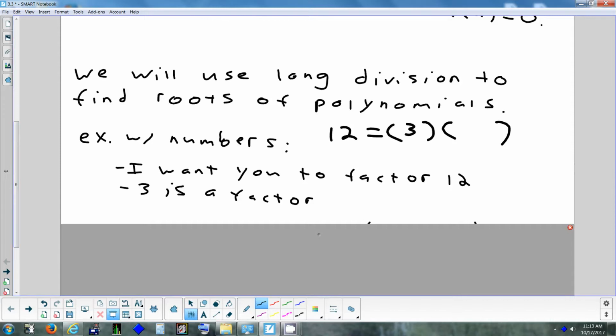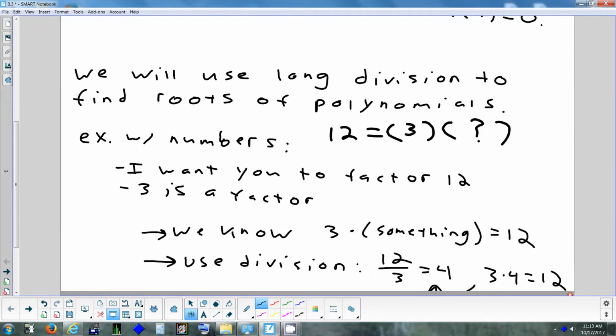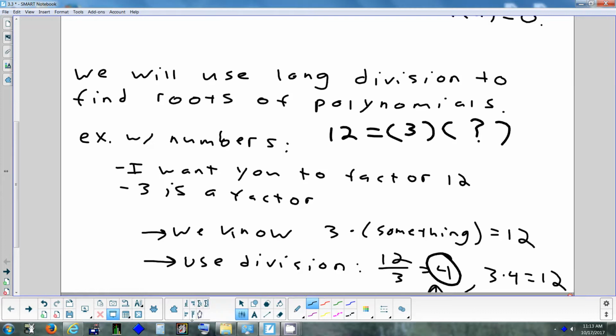What could you do with the 12 and the 3 to figure out the other factor? Divide. So basically, if I tell you 3 is a factor, that means 3 times something is 12. If you take the 12 and divide by the number you know is a factor, you get the other factor.